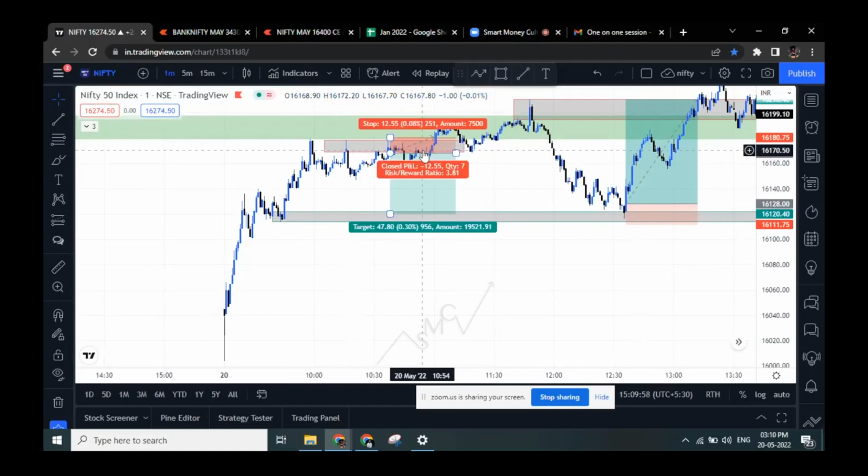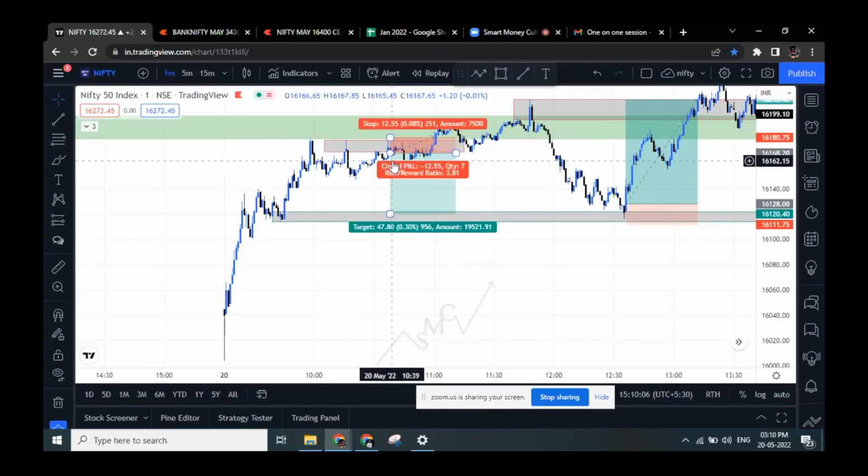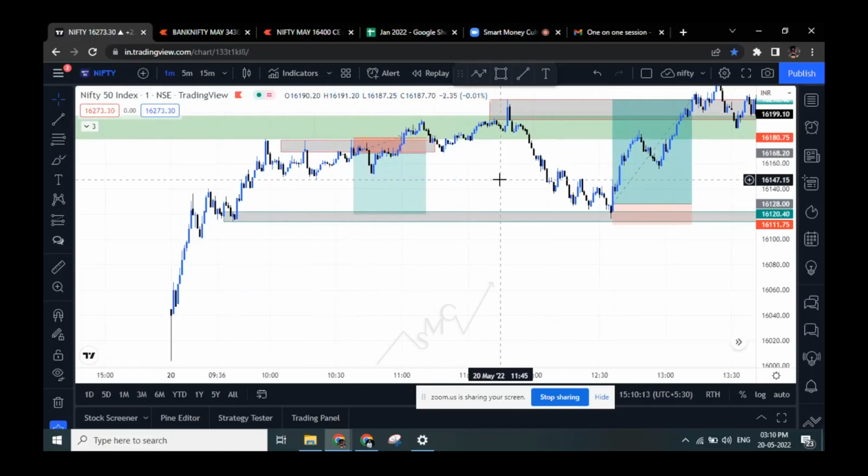Normally I take entry when the second tap happens, and what I took as a confirmation is a bearish candle in the zone. So according to me this is right. That's what I'm asking: is what I said a proper way of taking entry?